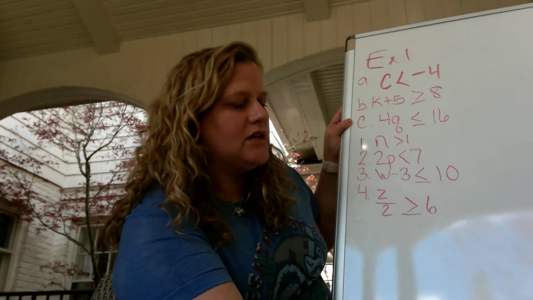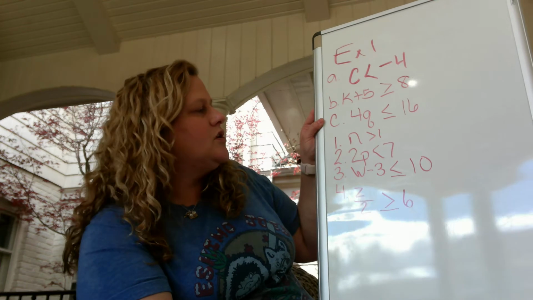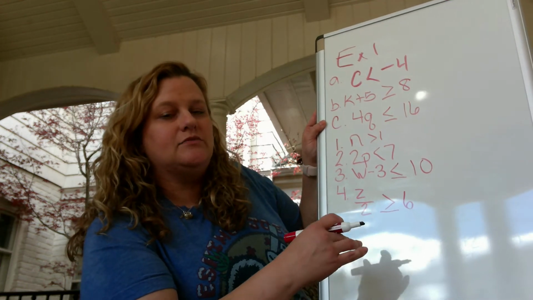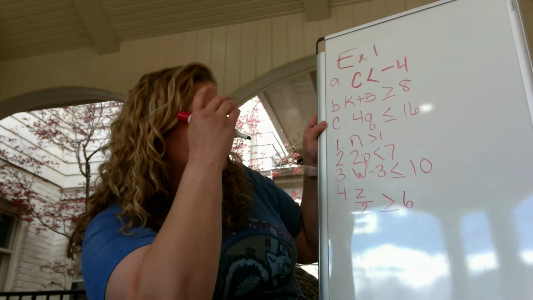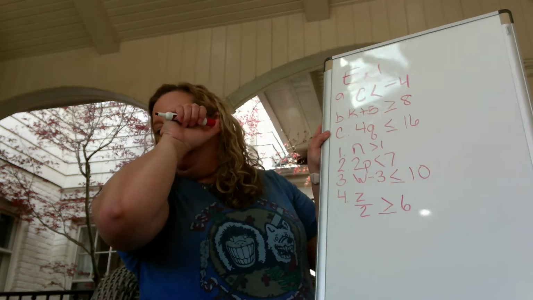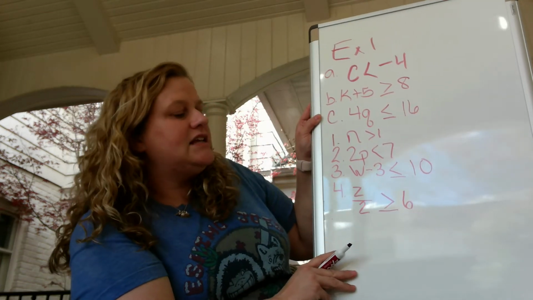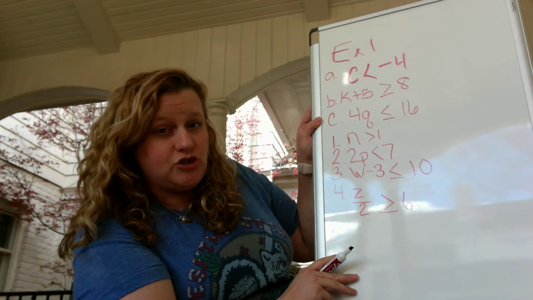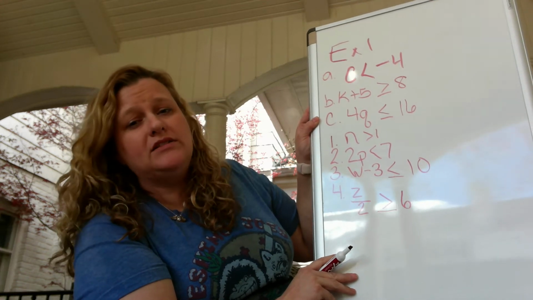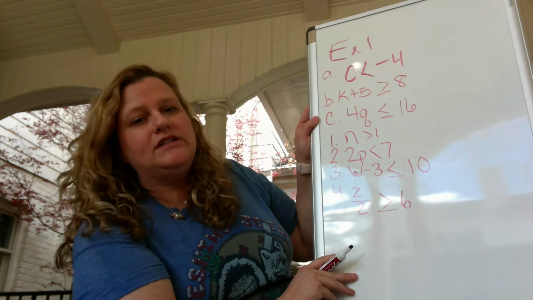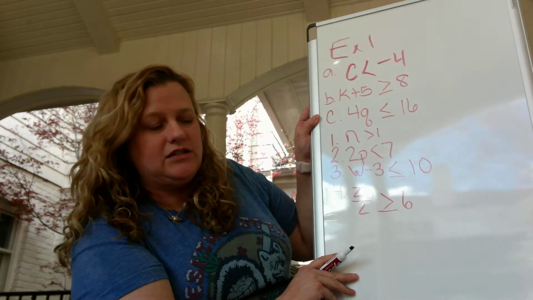So the next thing we're going to look at is actually finding some possible solutions. Now these could have more than one solution, and all the possible solutions are known as a solution set.